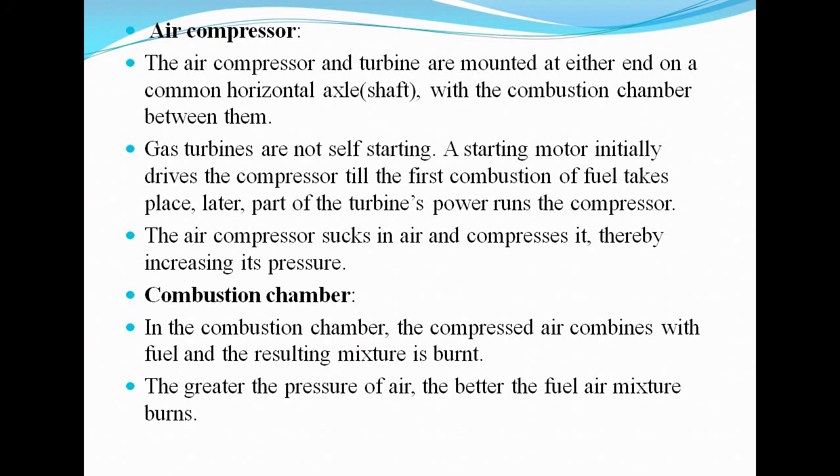The greater the pressure of air, the better the fuel air mixture burns. So in order to increase the efficiency of a gas thermal power plant, we should have greater pressure of air, so that there will be maximum ignition of fuel. Then we can achieve maximum efficiency of this type of power plant.